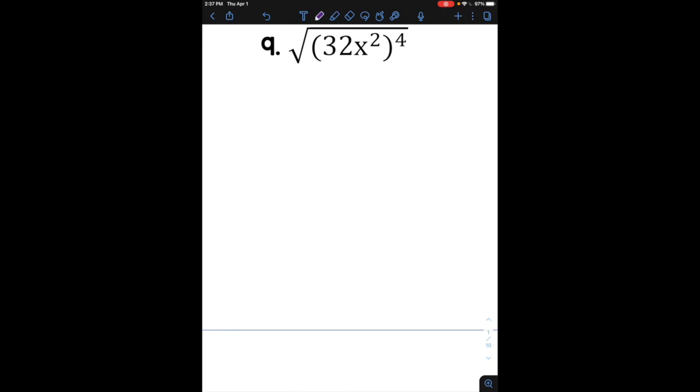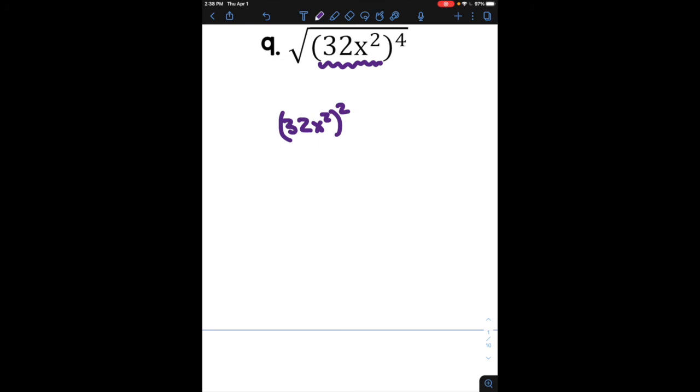It would just be this expression squared. 32x squared, or times itself, would be that expression raised to the 4th power. We don't necessarily have to expand on this one. You don't have to square the inside expression. It's just the idea, if you have something to the 4th power, what times itself would be something to the 4th power? It would be that same expression squared.